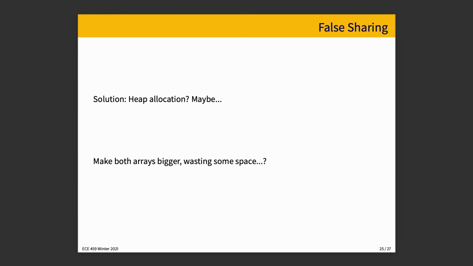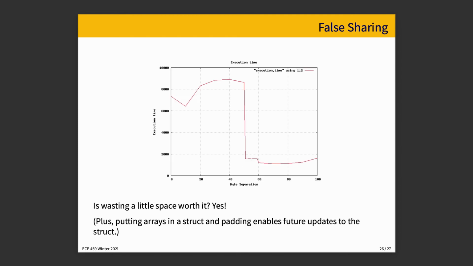Well, that's an idea. We could be sure that they don't overlap. Frequently, when we talk about how to organize your memory, I will be encouraging, we actually want to pack things more tightly together because then more items fit in the same cache block, and we have fewer cache misses and all those things. But sometimes actually the opposite is correct, and this might be one of those scenarios.